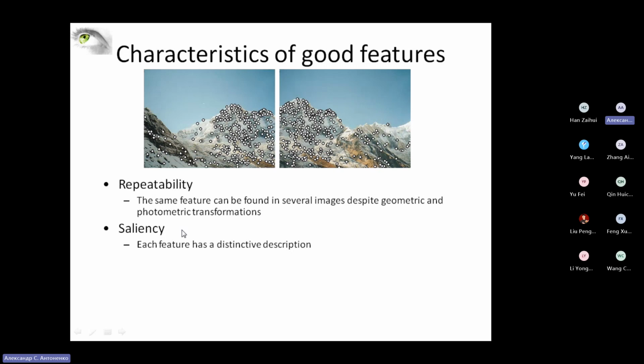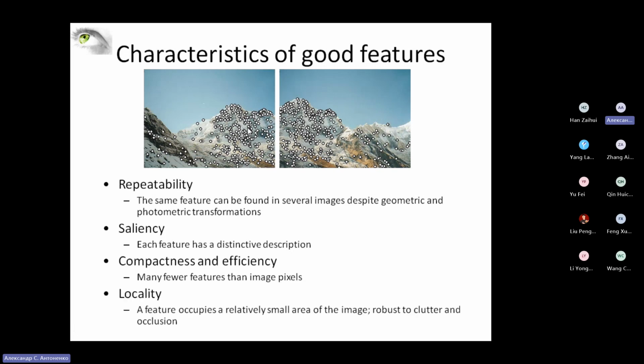It's called saliency, compactness and efficiency. So we want many fewer features than image pixels. Not any pixel or any neighborhood is a feature. We need not a very big number of features. And locality. A feature should occupy a relatively small area of the image, and this means that it is robust to clutter and occlusion.